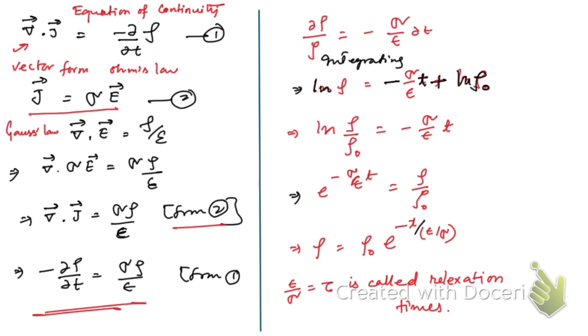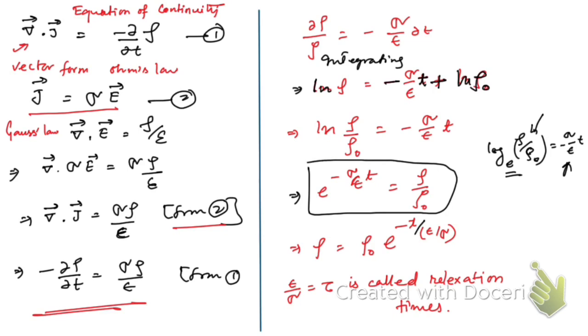Because when we say ln, that is log with base e, rho by rho naught equals minus sigma by epsilon into t. So that's why e to the power this one is equal to this one, right? This is what we have got, which can be written this way.